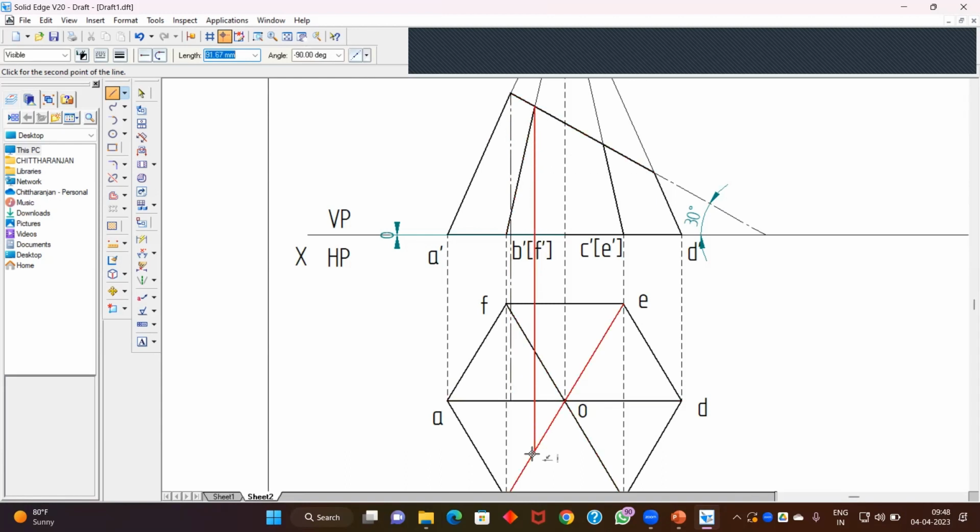Got till here. This and this one. Now we got these lines. So plot the line with the thickness 0.50 and continuous line.